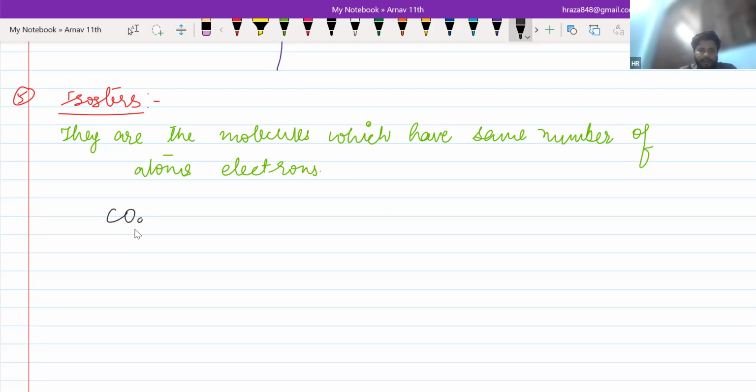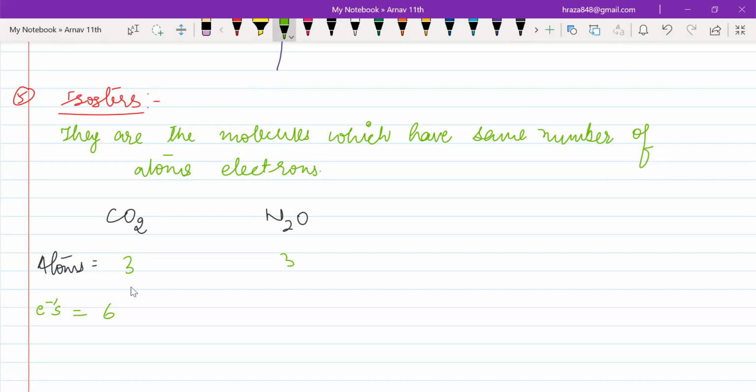Like if I take an example CO2 and N2. First of all, the number of atoms here will be 3 and 3. Now let's check electrons. One carbon has 6 electrons, yes or no? Yes, sir.